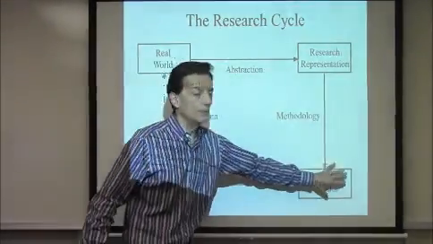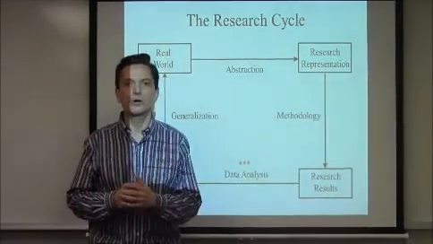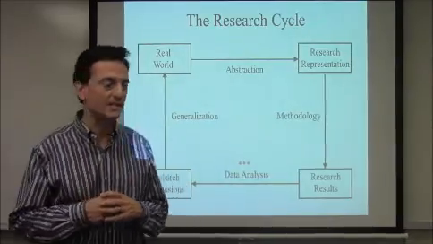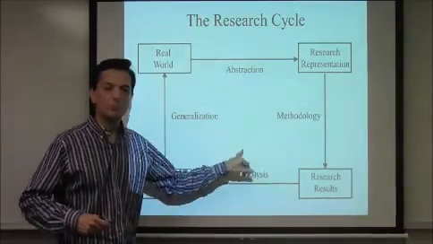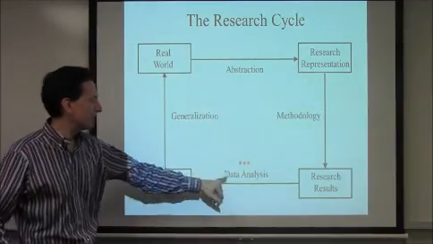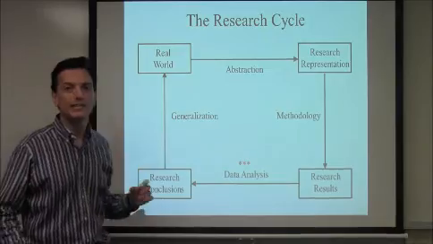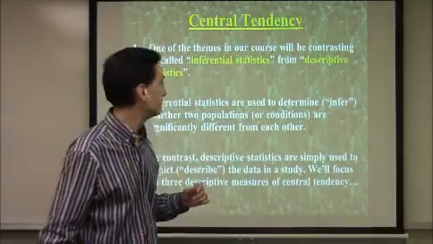Once we have the data resulting from those methods, we might engage in some analysis, and that's where we are today. We'll be talking about descriptive statistics. So we're landing in this portion of our very large research cycle, and we hope that this data analysis will produce some kinds of conclusions that will be relevant or generalizable back to the real world.